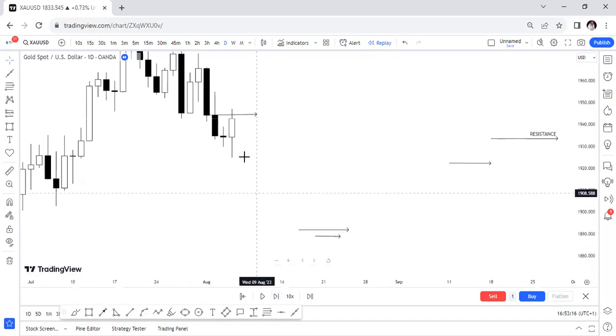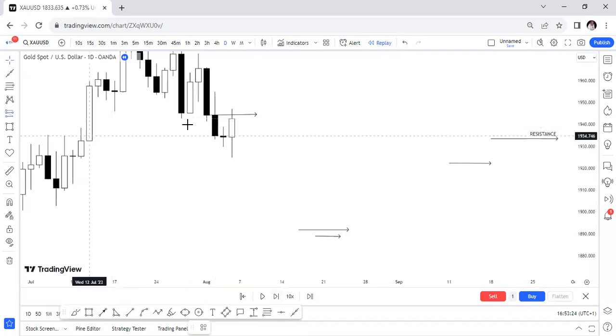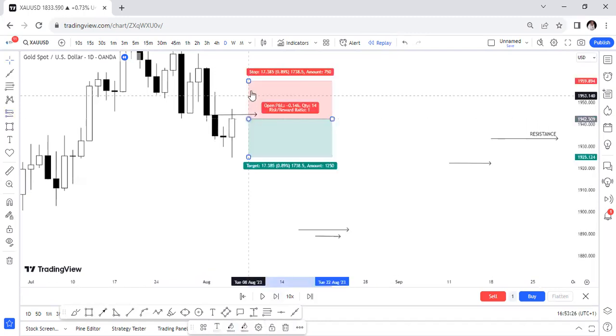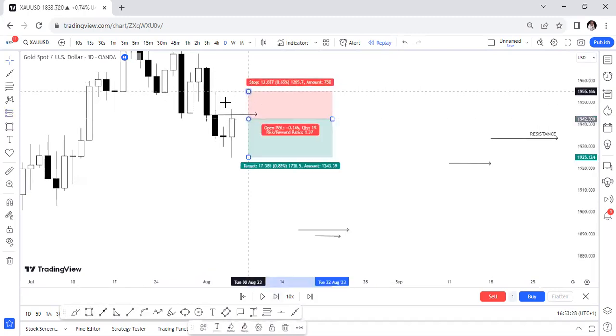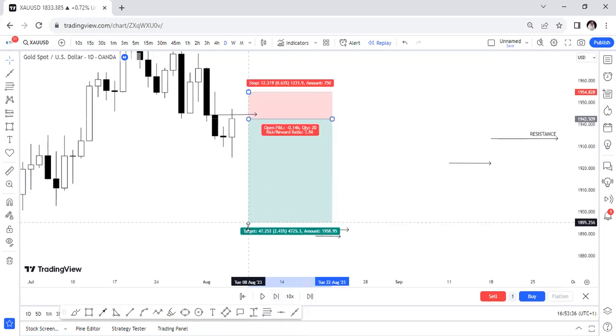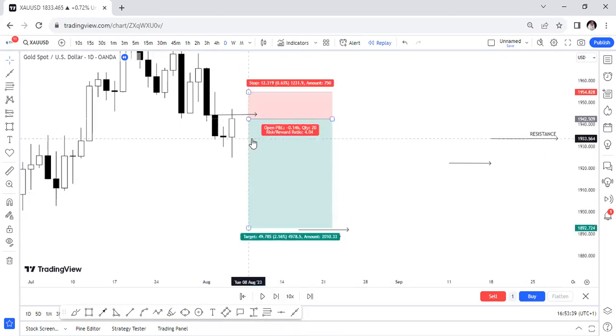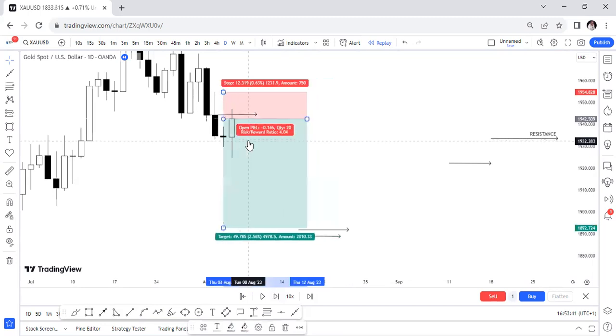That's all. It ended up becoming what? A rejection. See the wick. So you set up another trade, and because you're already selling from this breakout, you added another sell into that place.